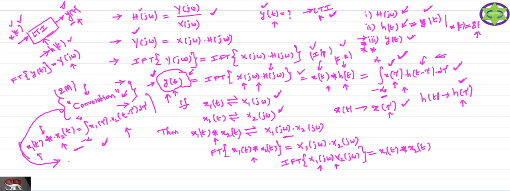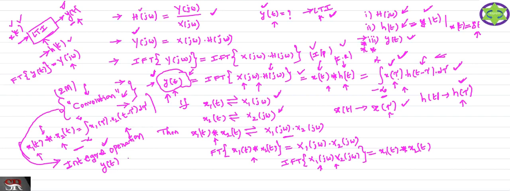In that case, the convolution is nothing but the integral operation. You observe the formula. This integral operation is used for finding the response of the system.